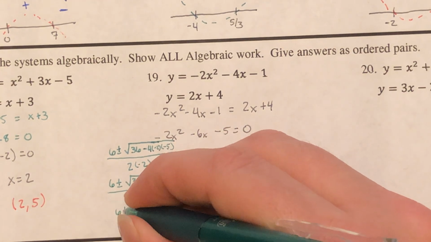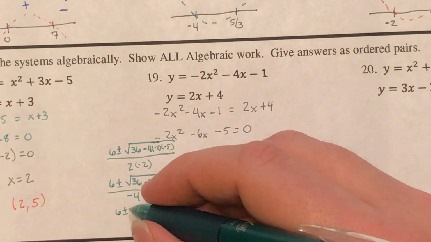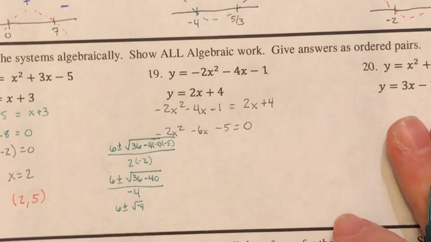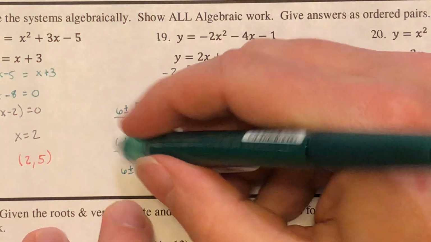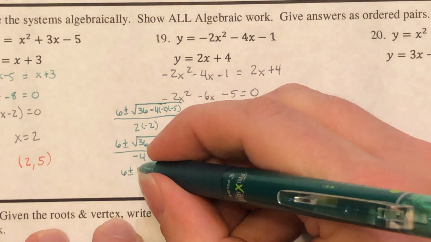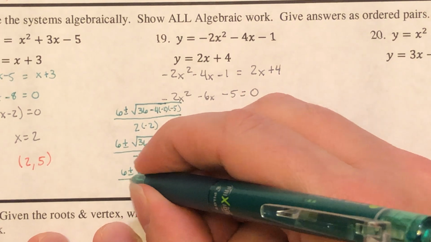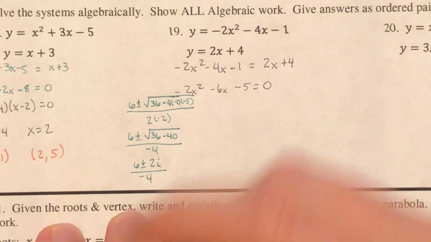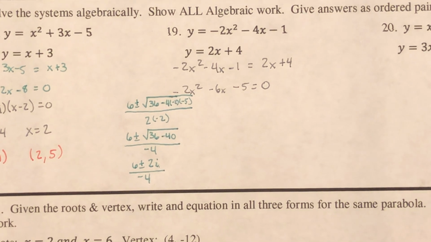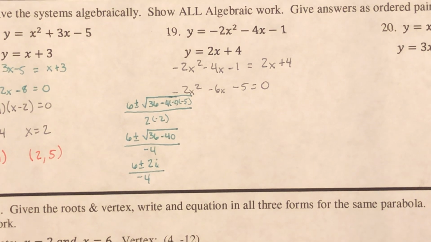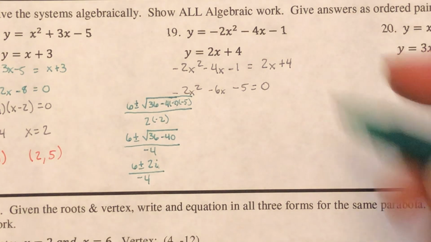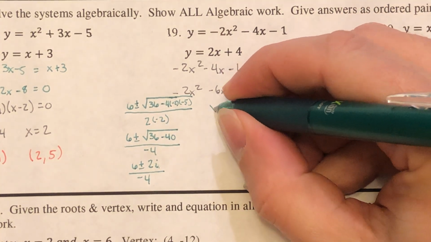So that is 6 plus or minus the square root of negative 4, which is 2i, over negative 4. So I want to simplify this as best I can, and I get my two x values.